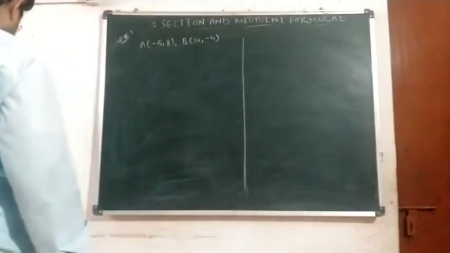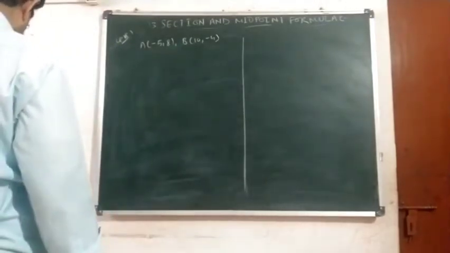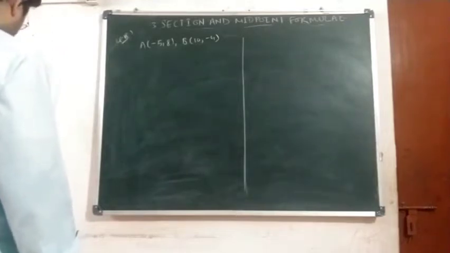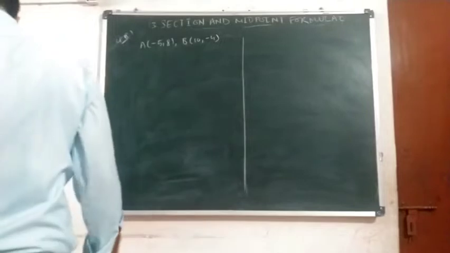The line segment AB is trisected by the coordinate axes. We have to find the points of trisection of AB.